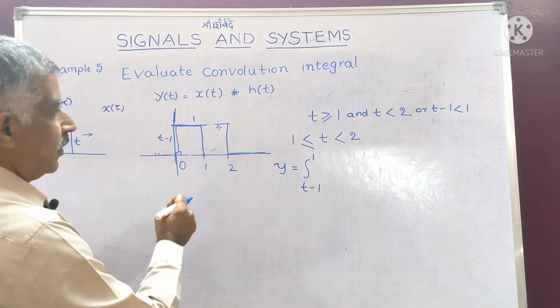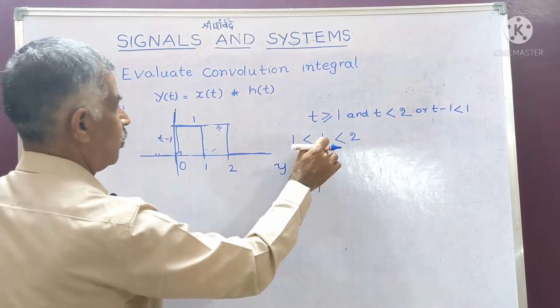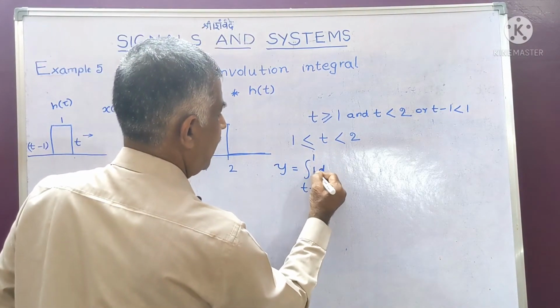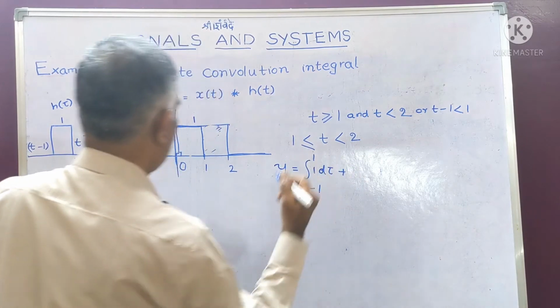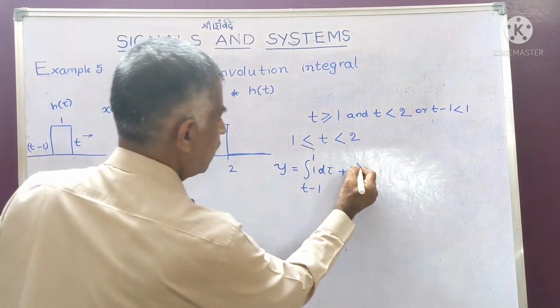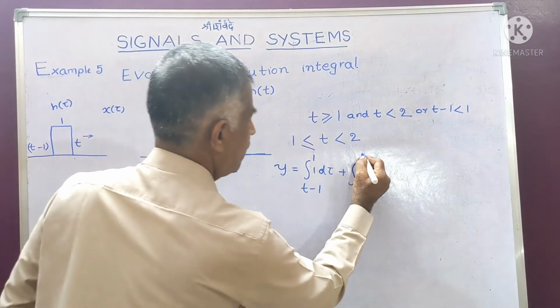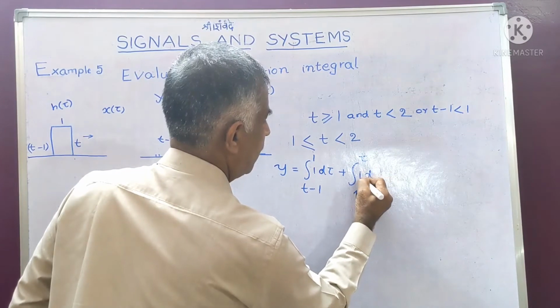Therefore, integral from t minus 1 to 1 of d tau plus integral from 1 to t of d tau.